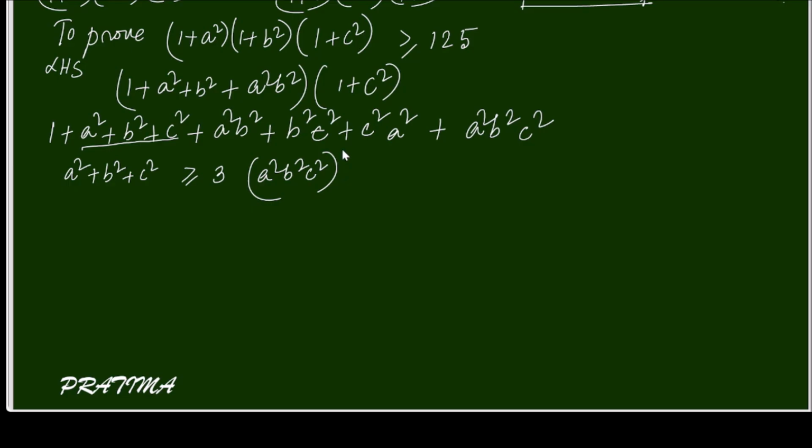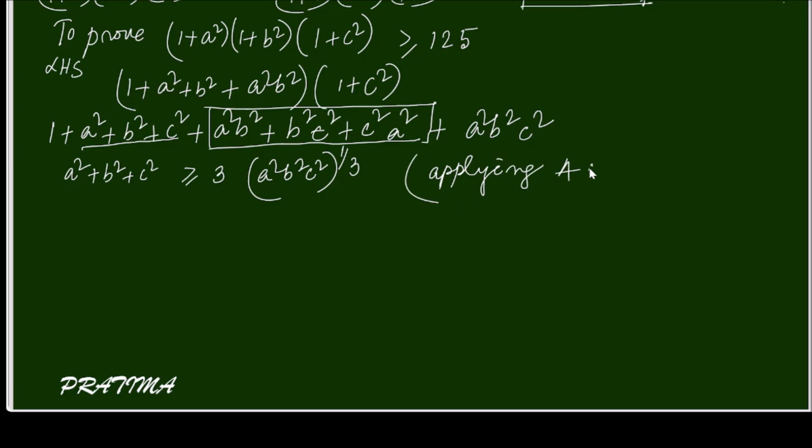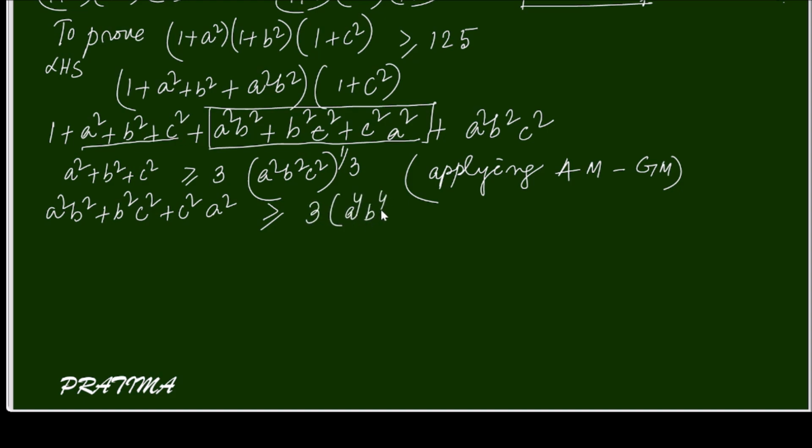Again for these three, we will apply the arithmetic geometric mean: a square b square plus b square c square plus c square a square is greater than or equal to 3 times (a to the 4 b to the 4 c to the 4) to the power 1 by 3.